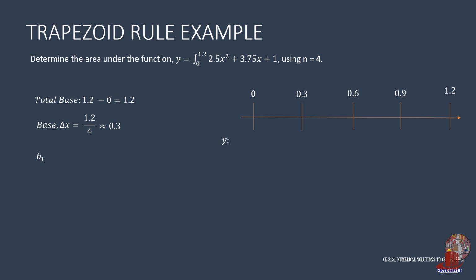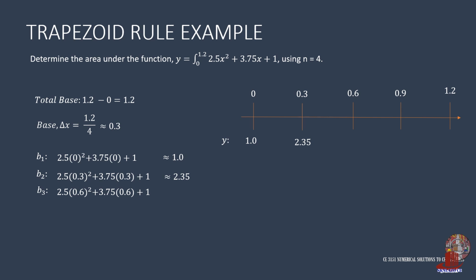b1 is plugging 0 into the function and getting 1. b2 is 2.5 times the square of 0.3 plus 3.75 times 0.3 plus 1, which results in 2.35. b3 is 2.5 times 0.6 squared plus 3.75 times 0.6 plus 1, which yields 4.15. b4 is 2.5 times 0.9 squared plus 3.75 times 0.9 plus 1, giving 6.4.